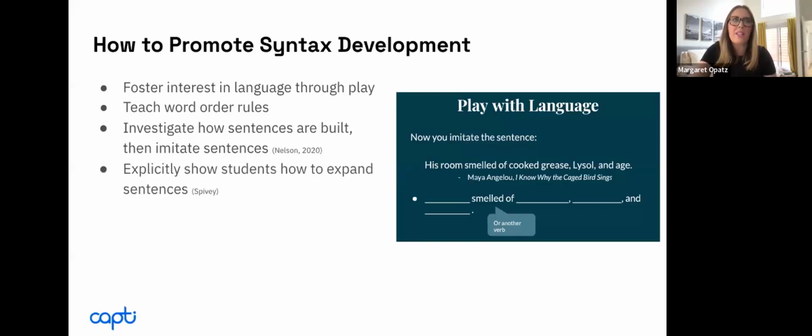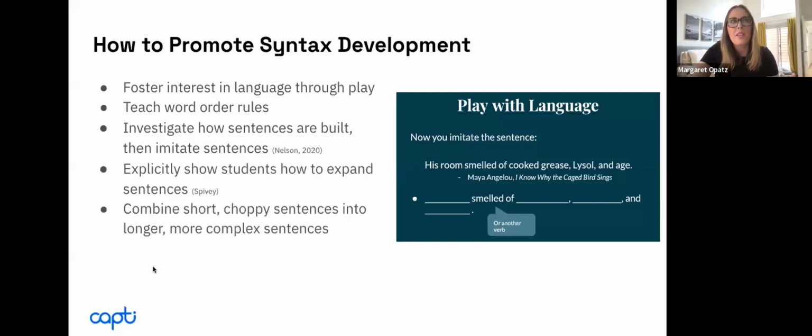There are specific techniques that we can use to really help students expand short sentences into longer sentences to make our sentences more clear. And then we can also teach students how to combine sentences that may be short and choppy, and make those into long, more complex sentences that aren't choppy and that have a good flow to them.